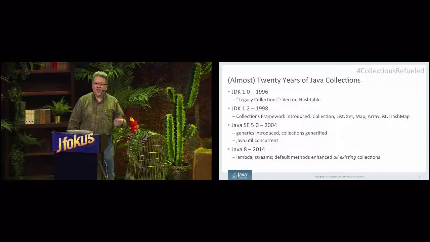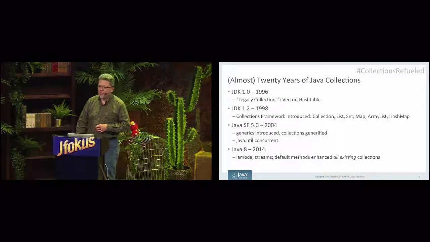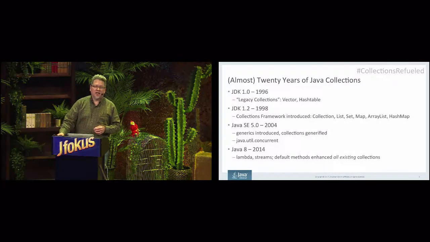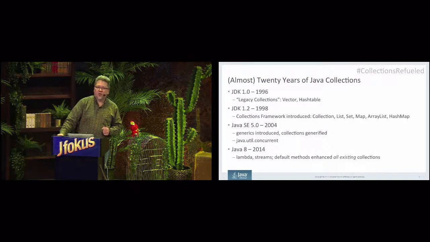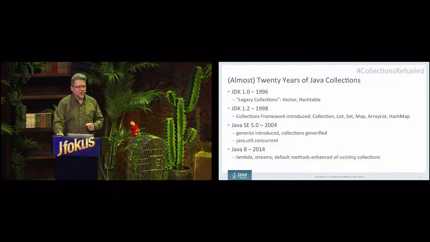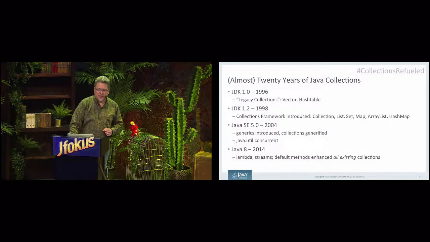In fact, I see changes being proposed on the OpenJDK mailing list about how to continue optimizing even old classes like ArrayList and HashMap. In fact, HashMap has probably been rewritten twice since it was introduced back in 1.2, and it's gotten faster and more powerful each time. And so we are still continuing to evolve and optimize the implementations.